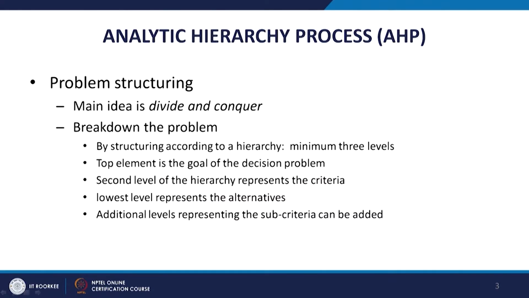Now, as I said, in the second level which is about structuring criteria, if there are sub criteria within each criterion, then of course the number of levels will increase accordingly. Now, the lowest level, which typically is the third level when there are just a minimum of 3 levels, represents the alternatives.